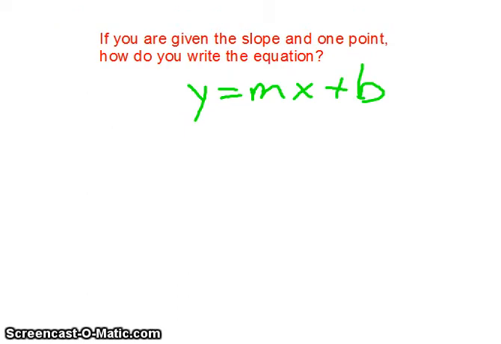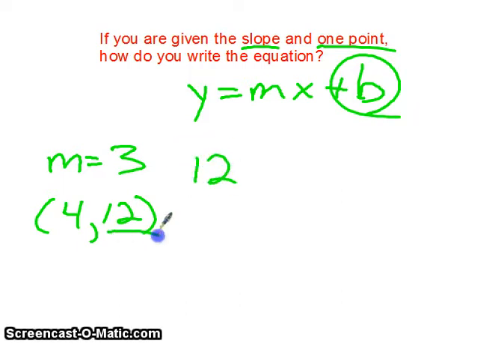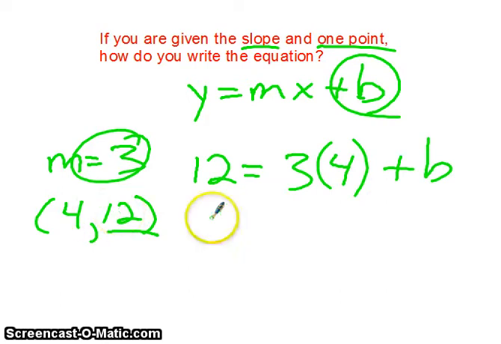Our next example is going to ask us if we're given the slope and 1 point on the line, how do we write the equation? So let's say we get a slope again of 3 and maybe our xy points are going to be 4 and 12. All we're going to do that's missing is find the y-intercept. So if we plug in y equals 12 from right here, and that equals 3 from our slope and 4 from our x value plus b, we're going to wind up with 12 equals 12 plus b.